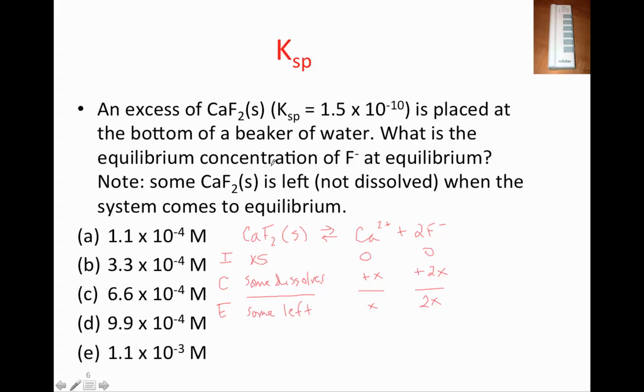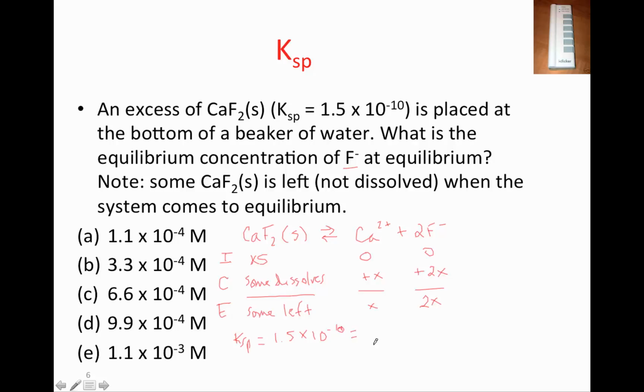Now we're asked for the equilibrium concentration of F minus, the fluoride ion. So let's set up this problem. We have KSP equal to the tiny number 1.5 times 10 to the minus 10. And this is equal to what?